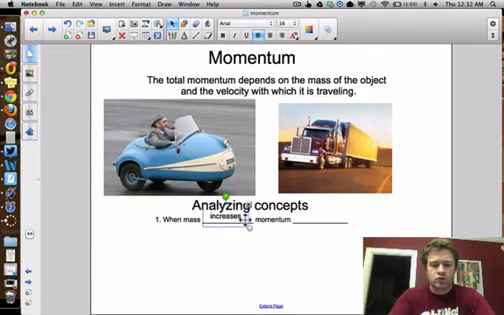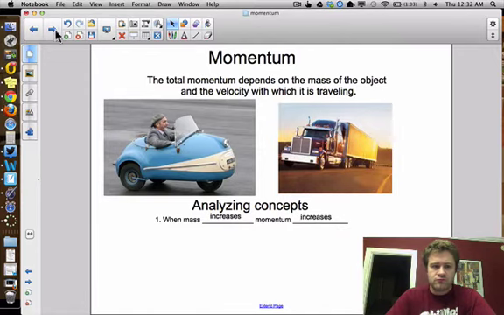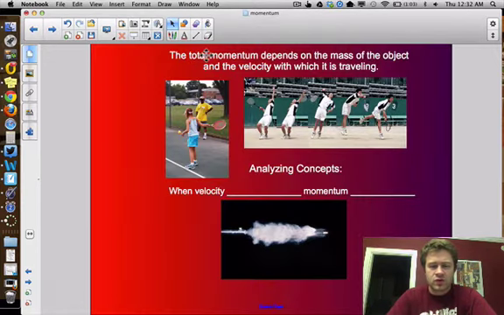It goes up as well. The same thing with velocity. When velocity goes up, so does momentum. So I would just make those increase as well.